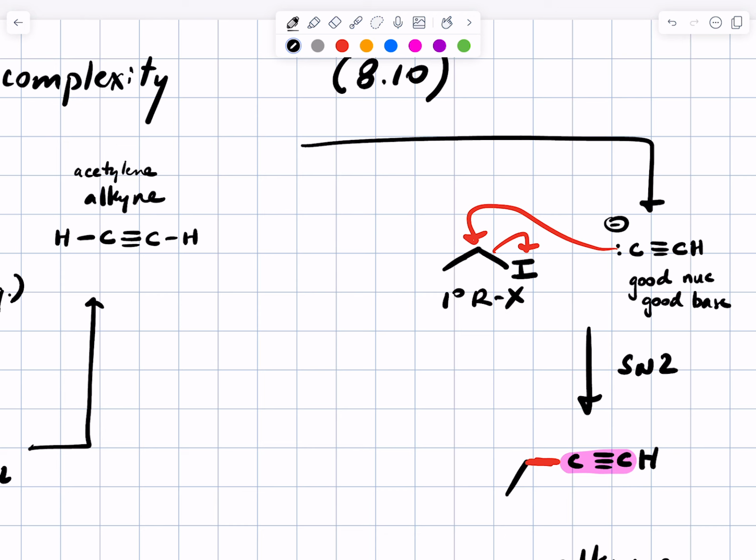You simply need a base that is strong enough to remove this proton. And you can look up the pKa of that proton. It's around 25. So you need a base whose conjugate acid is greater than 25.